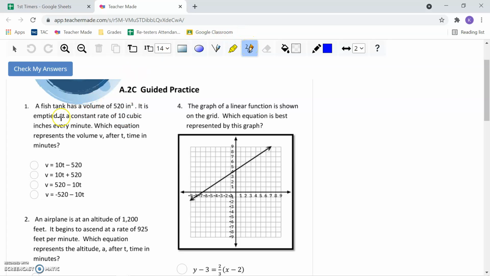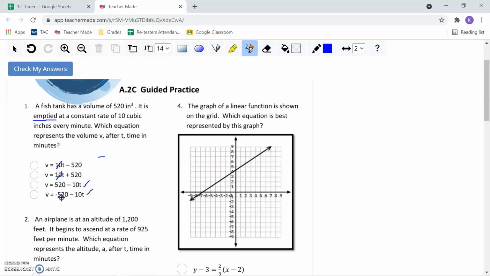But here is the keyword, emptied. Whenever you're emptying something, you're getting rid of water, so it's going to be minus 10T. This one doesn't have a minus 10T, it's positive. This one doesn't have a minus 10T. This one has it, and this one has it.